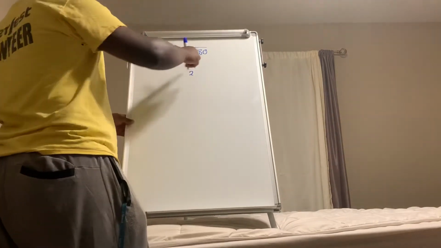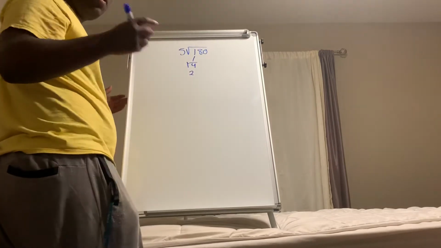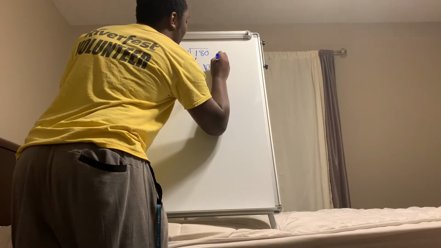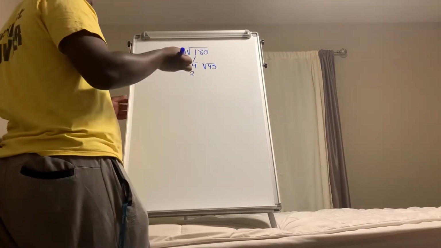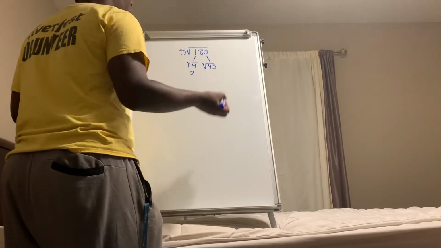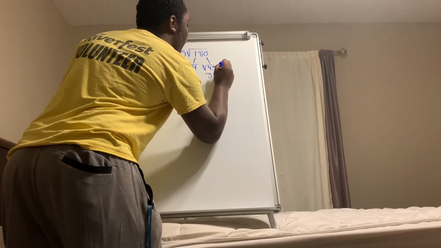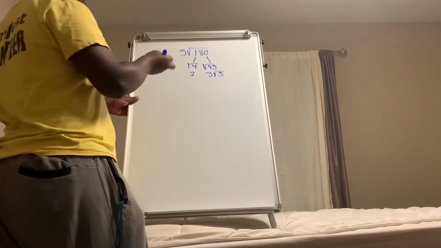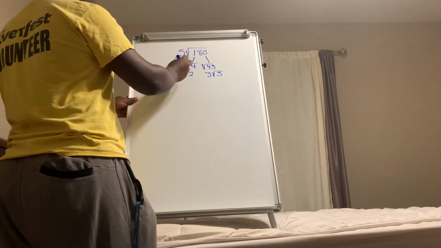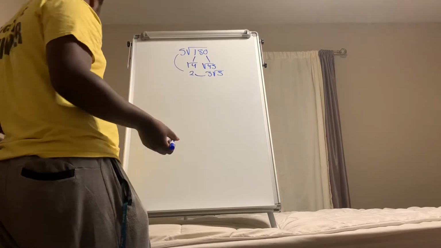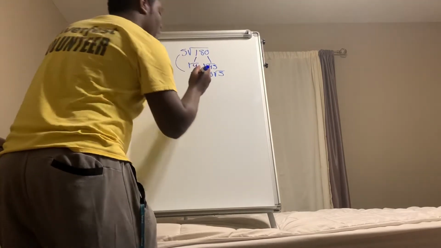And then 180 divided by 4 is 45, the square root of 45. And from previous knowledge, the square root of 45 is 3 radical 5. So we're going to multiply this 5 times 2 and this 2 times 3. So we're going to get 30 radical 5 as our answer.